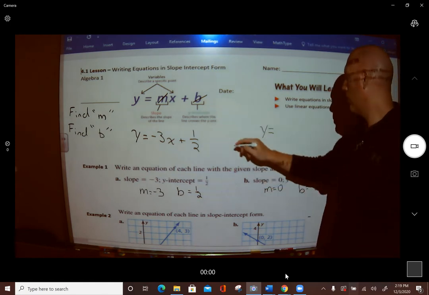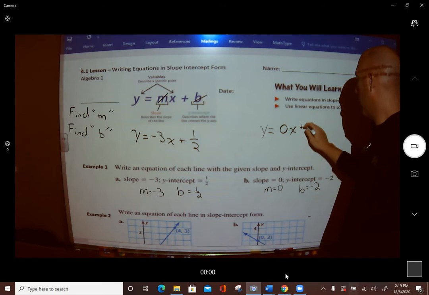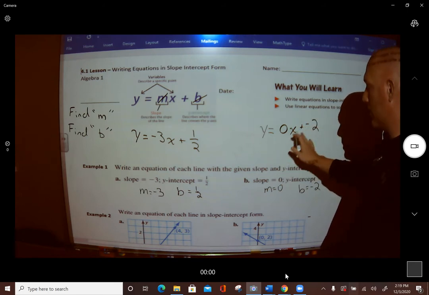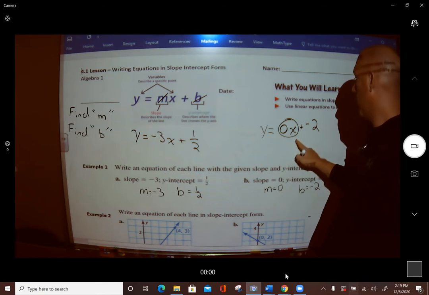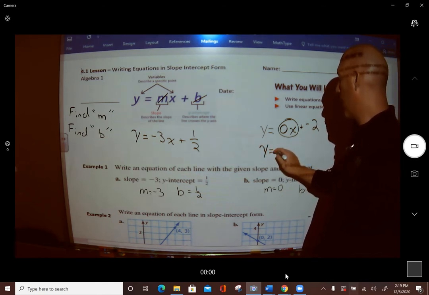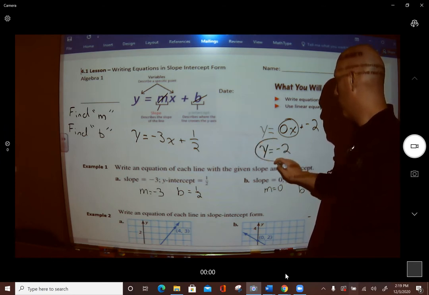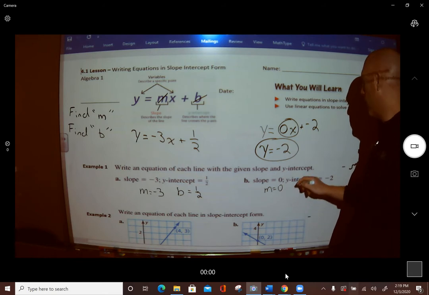So y equals 0x plus -2. Let's clean this up because this doesn't look very good. 0x is just 0. 0 plus -2 is -2. So y equals -2.